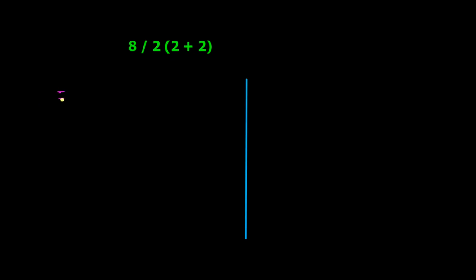For either one, the bracket should be first, so I'll just write that down. 8 divided by 2, 2 plus 2 is 4, write it down. And then 8 divided by 2, and then this bracket is basically multiplied, right? I'll do the PEMDAS one, and then I'll do the BODMAS one right now.